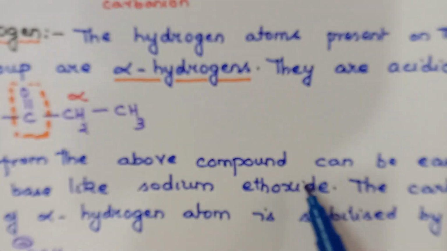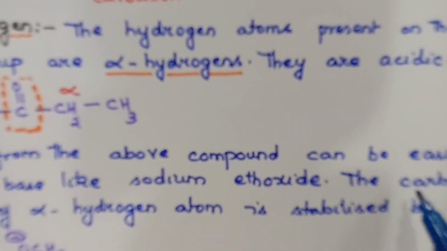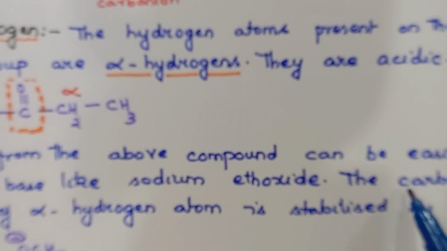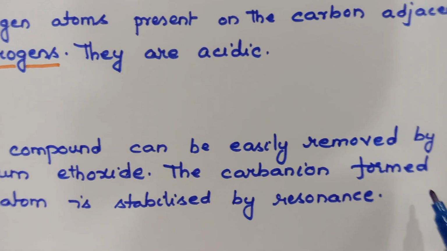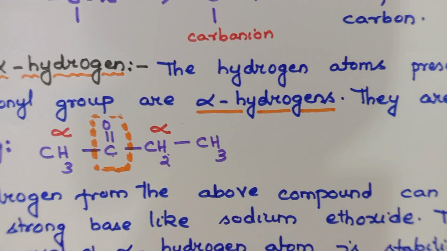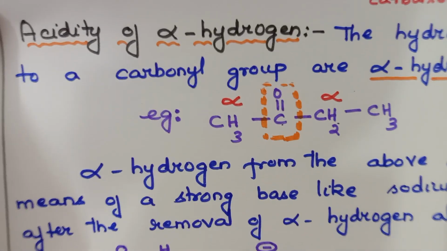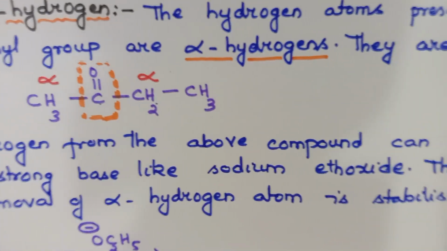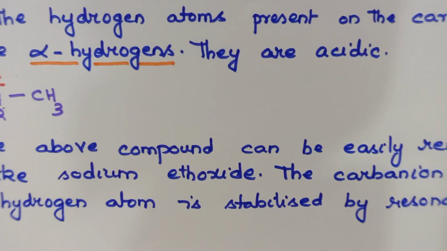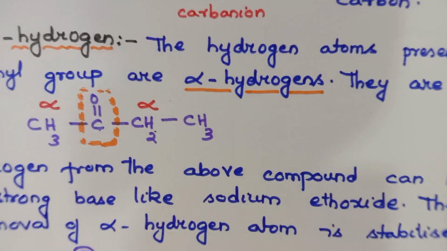Now, once the alpha hydrogen is removed, what will be formed? A carbanion. That also I will show you. The carbanion thus formed is stabilized by resonance. How it is stabilized, I will show you.